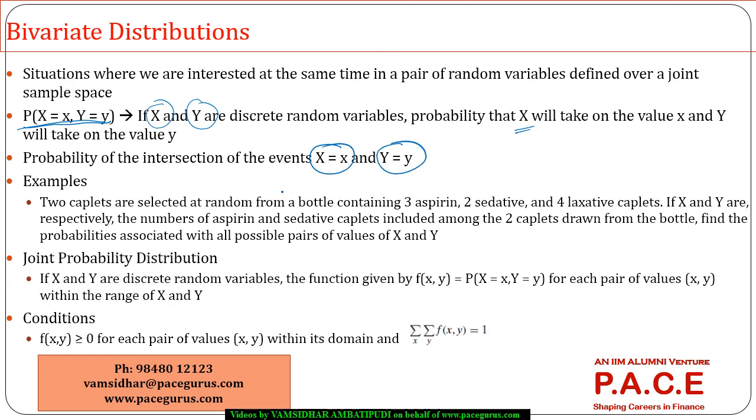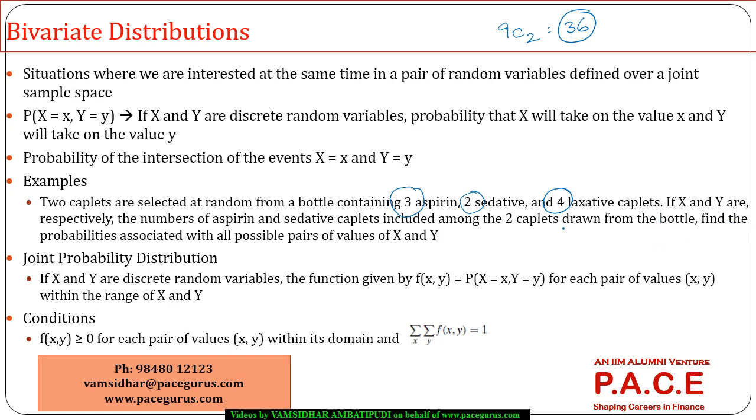Probably the example would be more clear for you. Two caplets are selected at random from a bottle containing 3 aspirins, 2 sedatives, 4 laxative caplets. So out of these 9, I am selecting only 2 of them. Out of 9, if I have to select 2, it can be done in 9C2 ways, which is nothing but 36 ways. Fair enough.